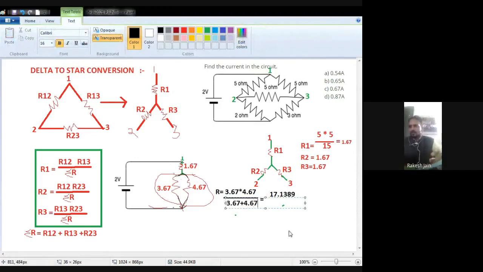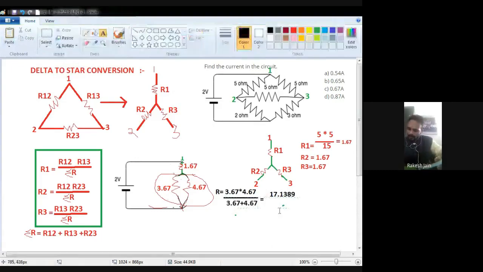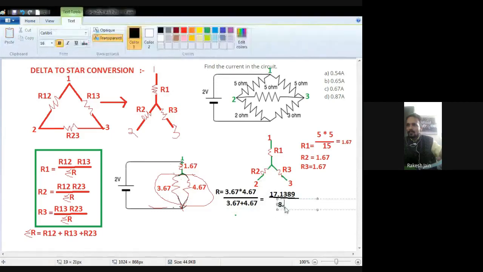The parallel combination of 3.67 and 4.67 is 3.67 multiplied by 4.67 divided by the sum of these two, 4.67 plus 3.67.